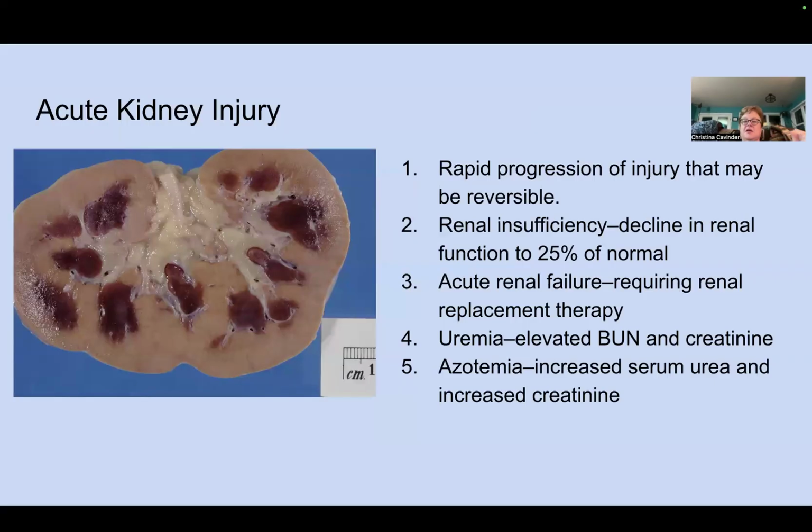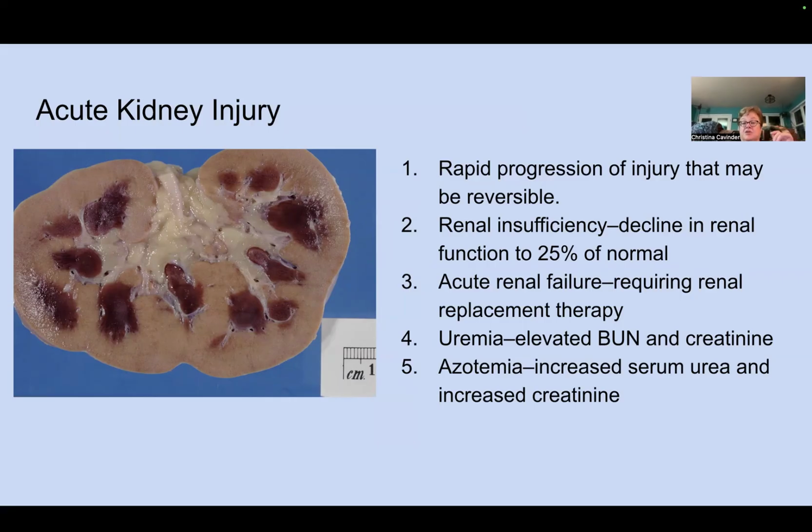Acute injury, this is a very rapid thing that happens. It could be reversible, but you'll have damage, renal insufficiency. So you have a decline in the renal function to 25% of normal. You could go into acute renal failure, and this could require renal replacement therapy, like dialysis.